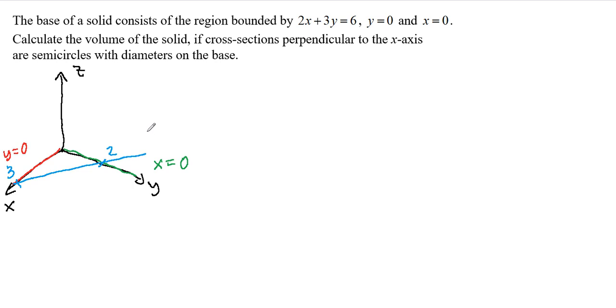So here's the line 2x plus 3y equal to 6.